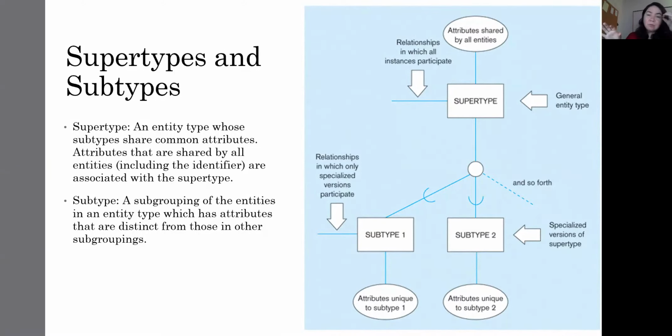And so when you have a big table like that and you have differences between groups, you can split them out. That way, you can have a relationship. Some relationships need to go to all students, so they need to be attached to the supertype. But you can also have a relationship that's associated with just one subtype, right?